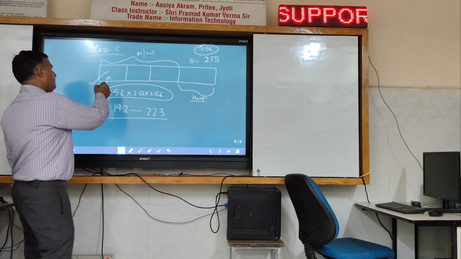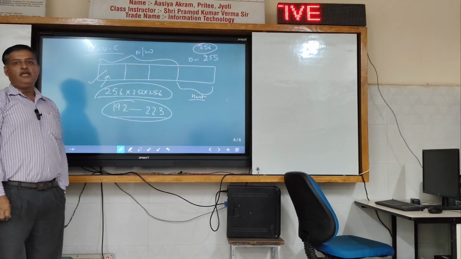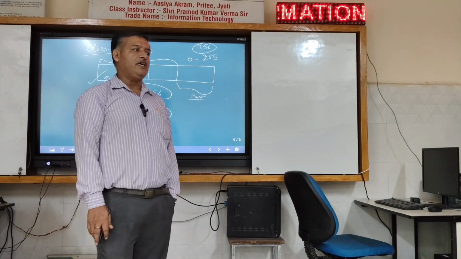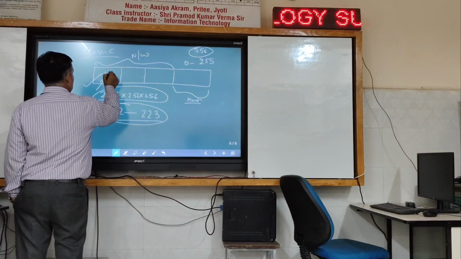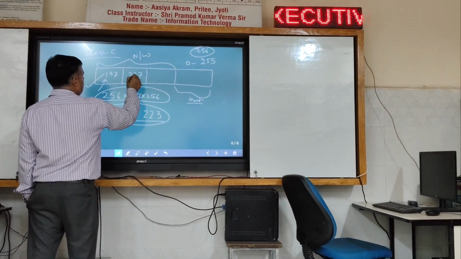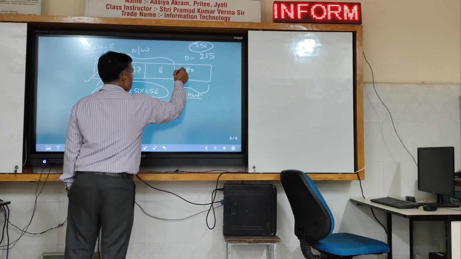If the first number lies between these figures, then we can say that it is the notation of a class C network. Suppose it is 227, or it is 16, or it is 80.